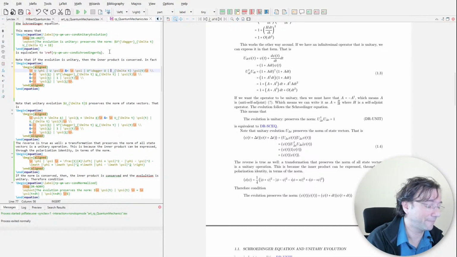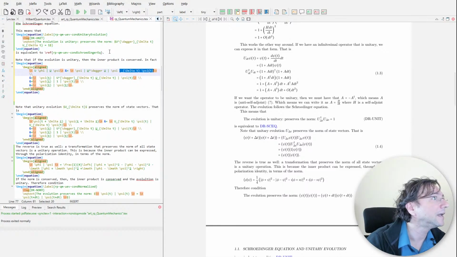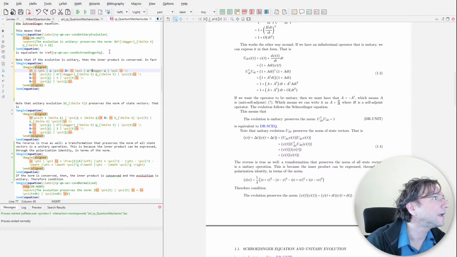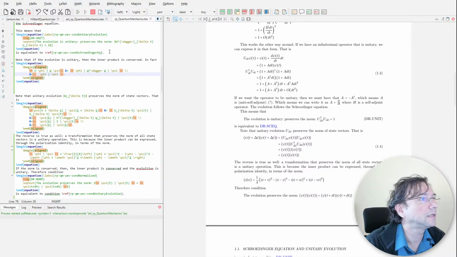Actually, that should be a phi. This becomes just the inner product between the two things, phi and psi.